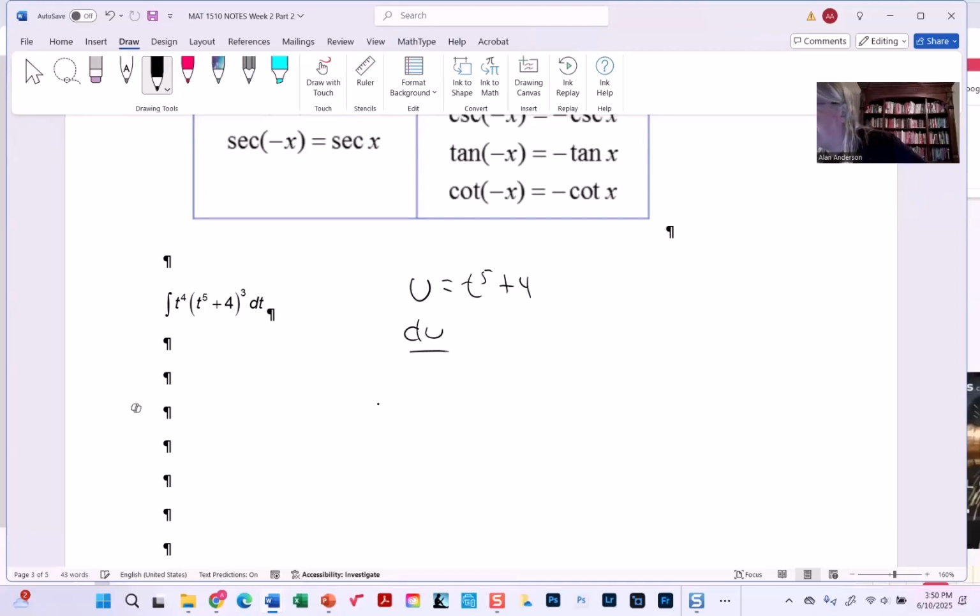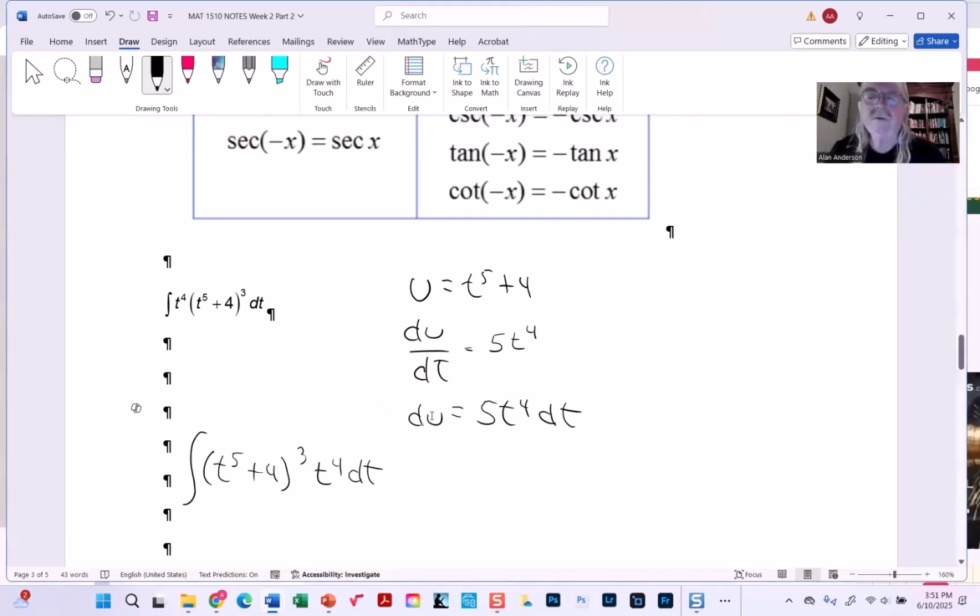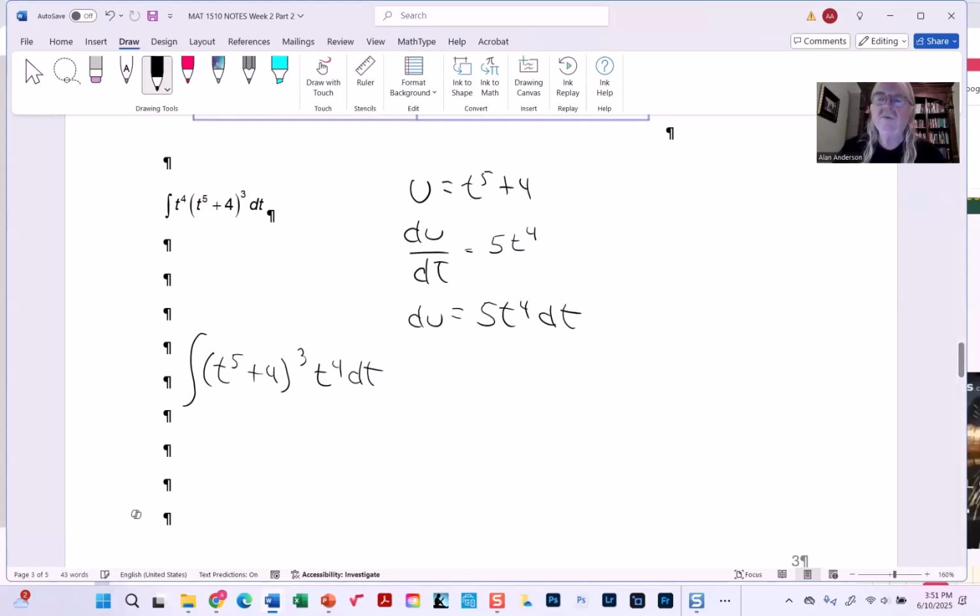In this case, it's du dt, actually. The constant, of course, has a derivative of 0. So do we actually have that? No, but we're close. You can see we're missing the 5. We just have to supply a 5 and we'll be all set.